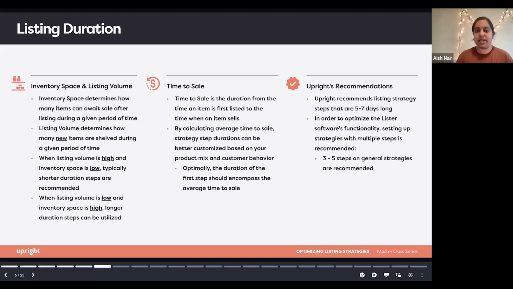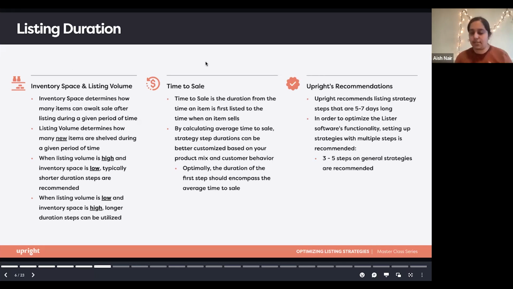Typically what we would recommend is your duration of that first step at least should encompass your entire average time to sale. And the reason for that is because we want as many items to sell in that first step as we can. That's where you're going to get the most interest, typically, and that's when you're going to have the highest price. So that's when you'll get the highest average sale price. And that's why we recommend that.